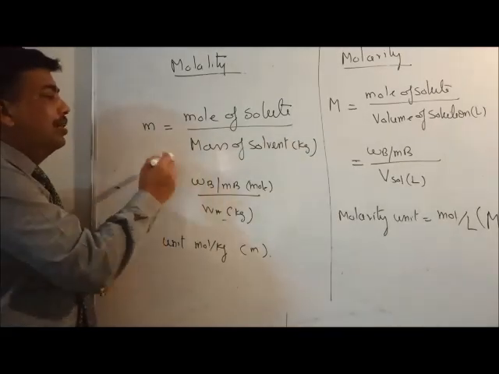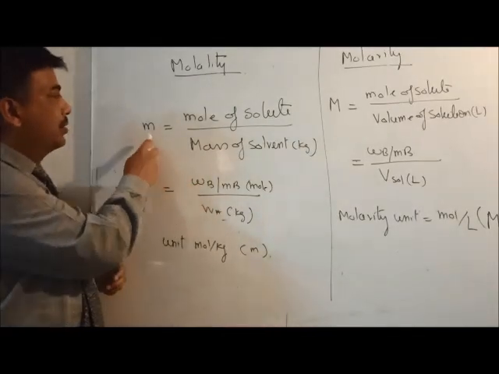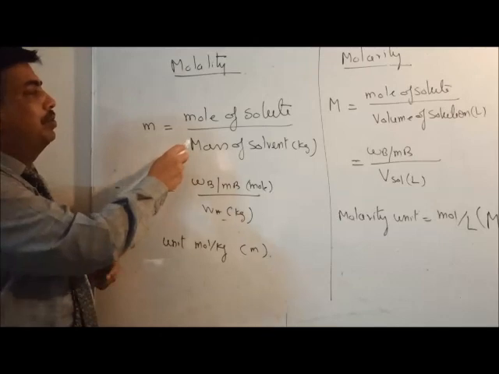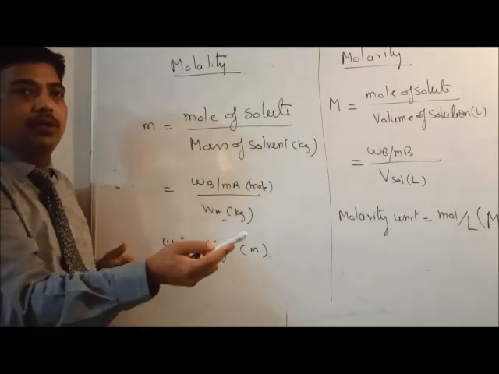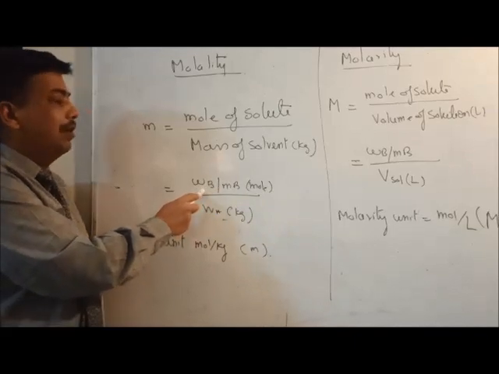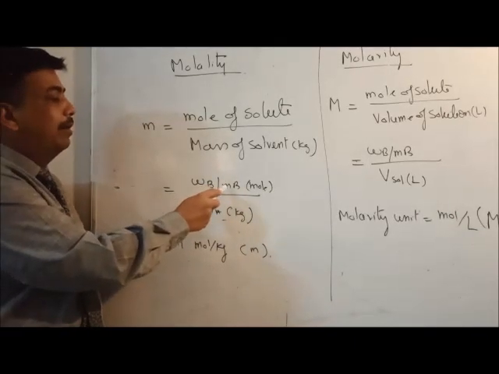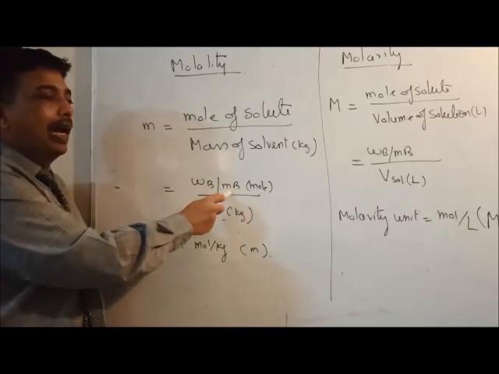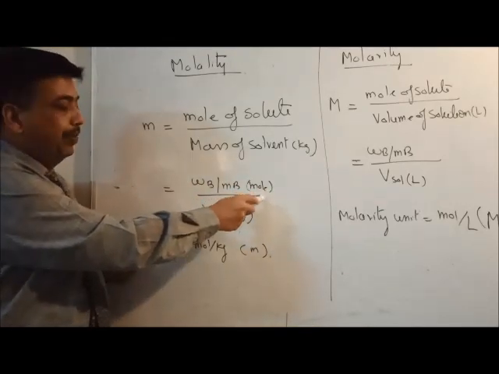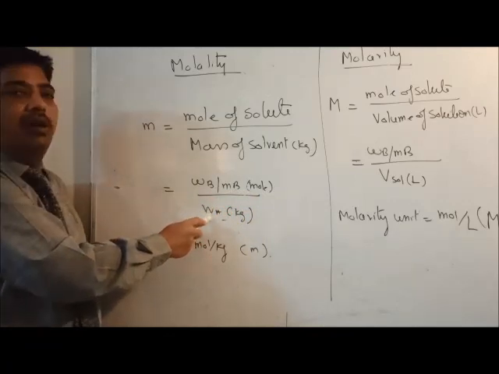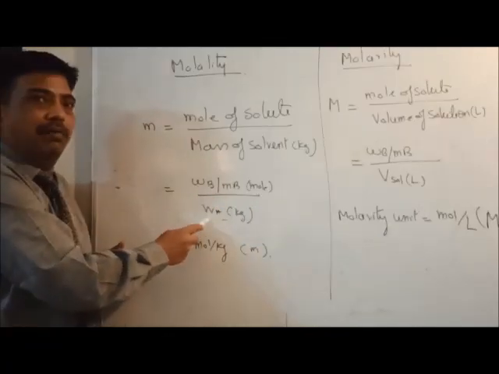If we again try to solve this formula, students, molality is equal to mole of solute. The mole of any solute can be calculated by taking the mass of solute in grams divided by molar mass of solute in gram per mole. So this comes out to be the mole of solute divided by mass of solvent in kilogram, which is WA.